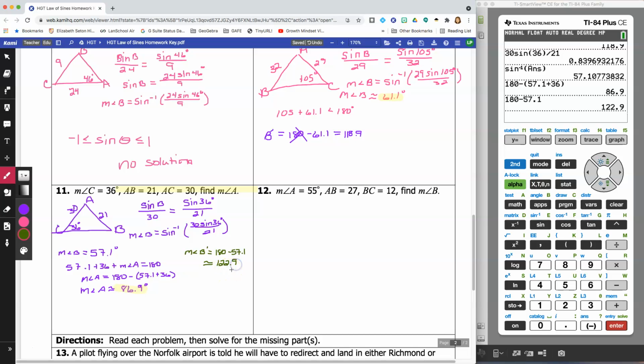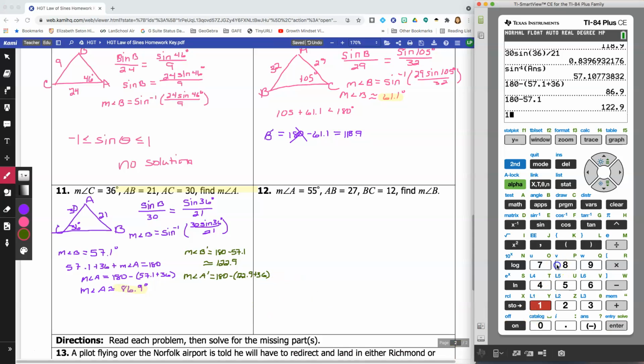So this would be approximately 122.9. If I add that to 36, do I have enough room for an A prime, right? In other words, the measure of angle A prime would have to equal 180 minus the sum of 122.9 and the 36 angle that we already had. Let's see if this is a positive or a negative number.